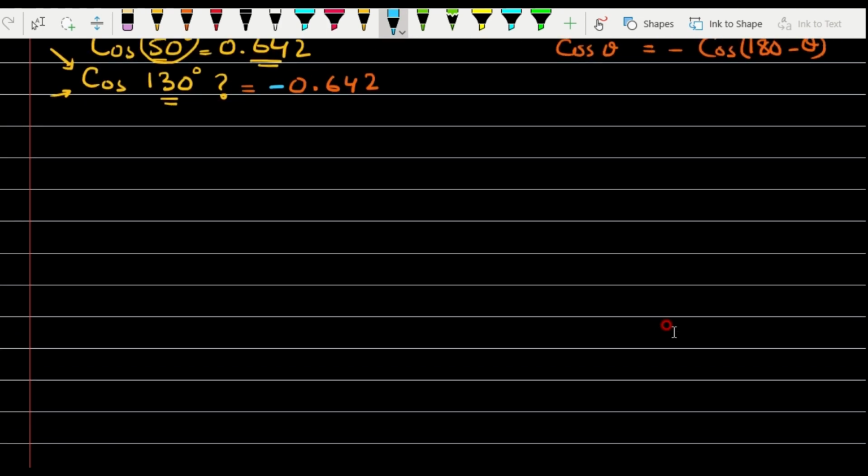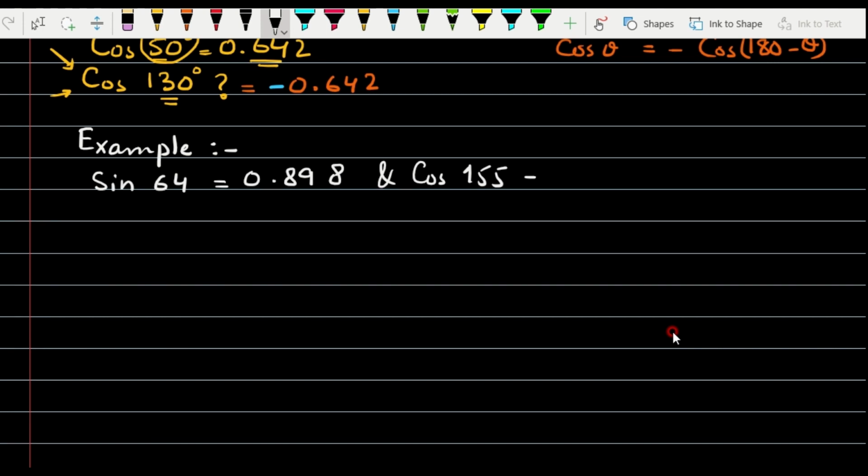Okay, let's have an example. For example, that is very interesting, you can easily do it. Sine 64 is equals to 0.898 and cos 155 is equals to minus 0.906.